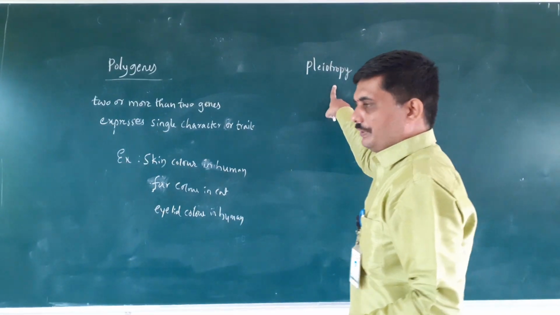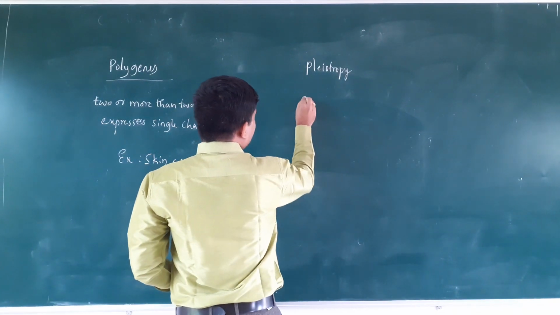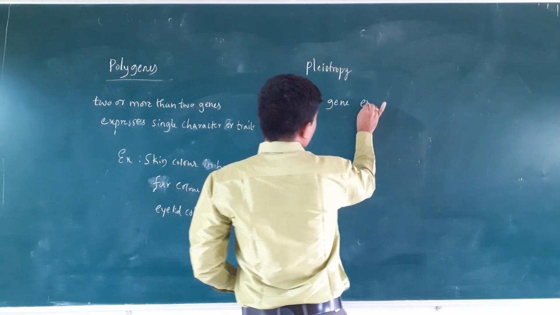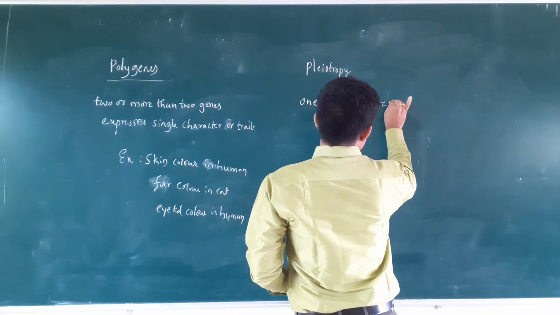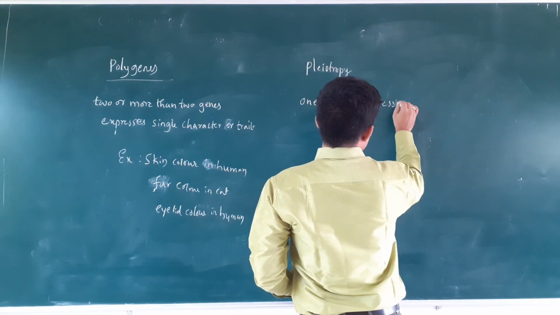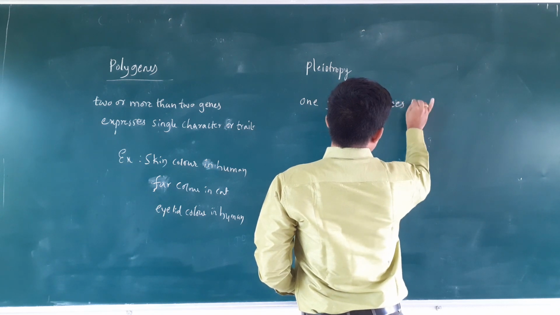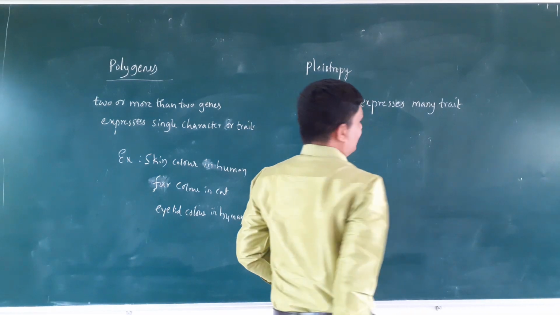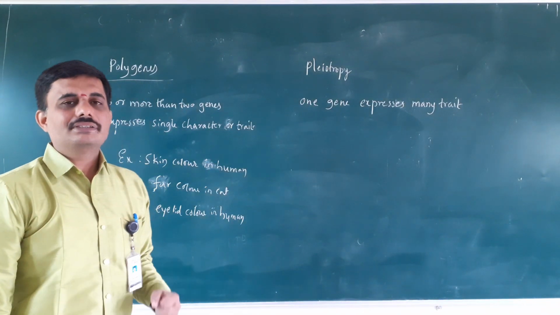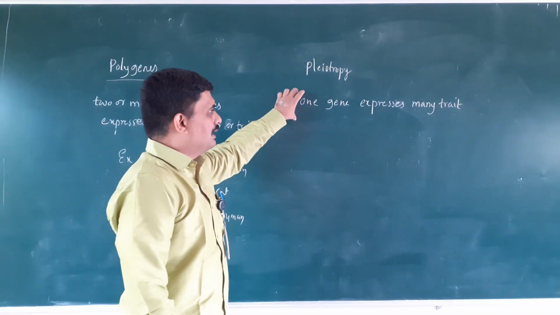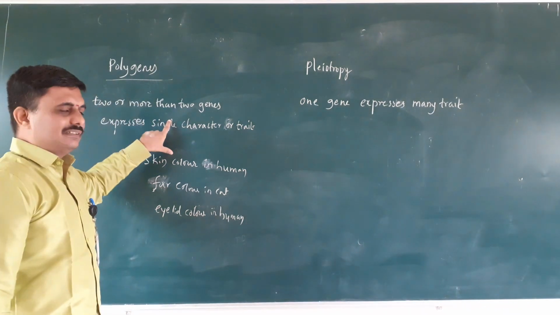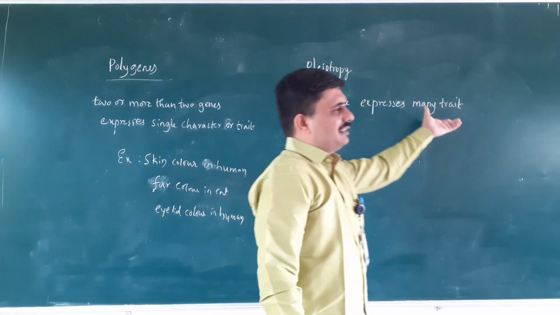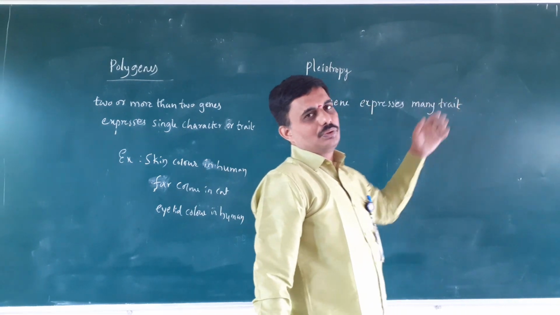Then what is pleiotropy? When one gene expresses many characters, it is called pleiotropy. When many genes express a single character it is called polygene, and when one gene expresses many traits it is called pleiotropy.